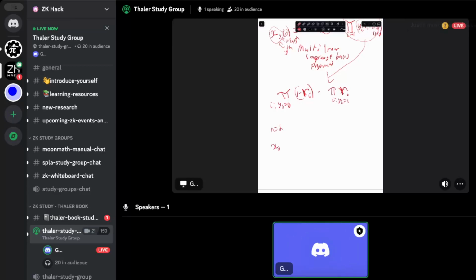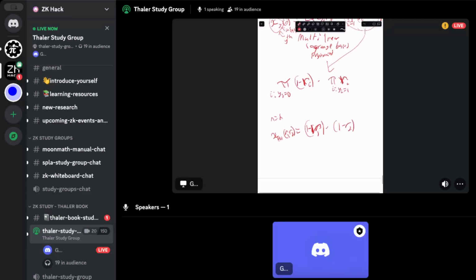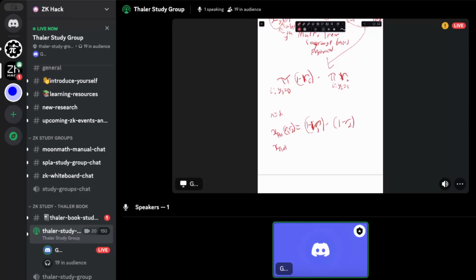The 0,0th Lagrange basis polynomial, with r1 and r2 since it's two variables here, would just be 1 minus r1 times 1 minus r2. The 1,0th Lagrange basis polynomial would be r1 times 1 minus r2. The 0,1th would be 1 minus r1 times r2, and the 1,1th would be r1 times r2.